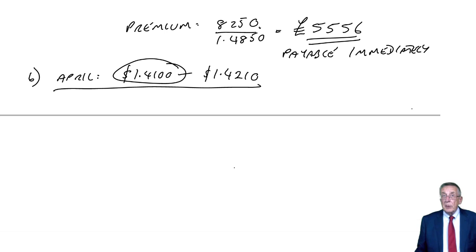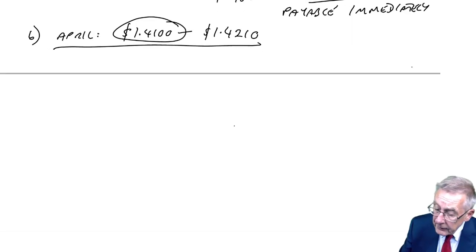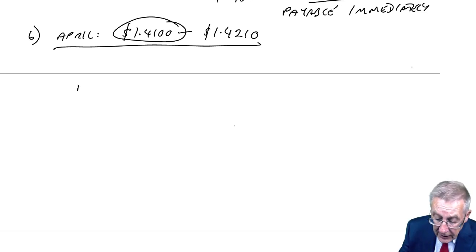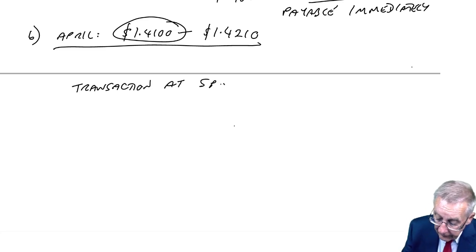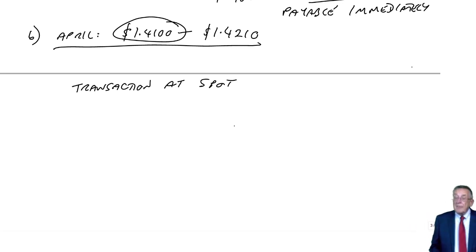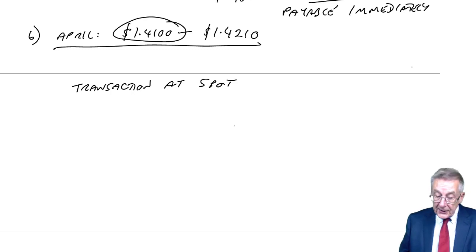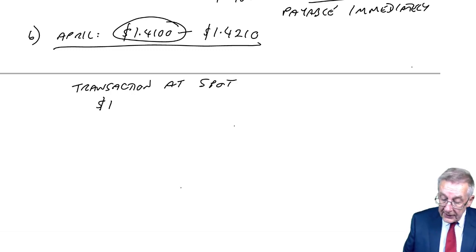Now watch very carefully what we do, because it looks very strange here. First of all, whatever happens, we convert the transaction at spot. Initially, forget the option completely. And if we convert at spot, how much would it cost us? It's $1 million converted at 1.4100.